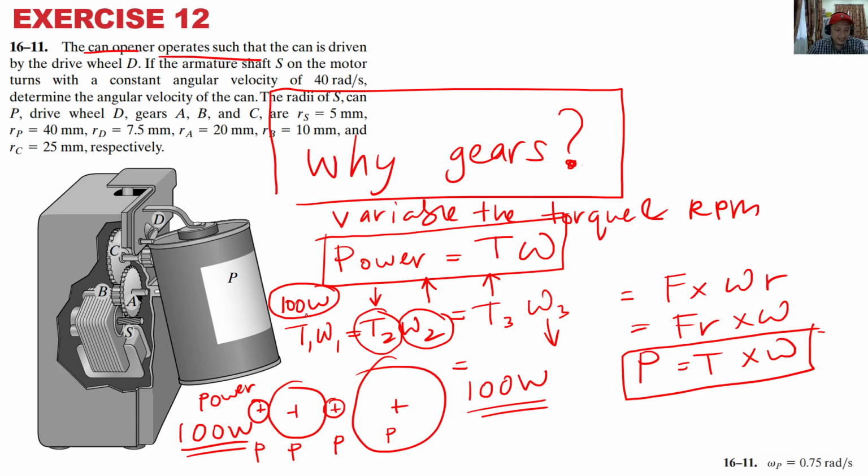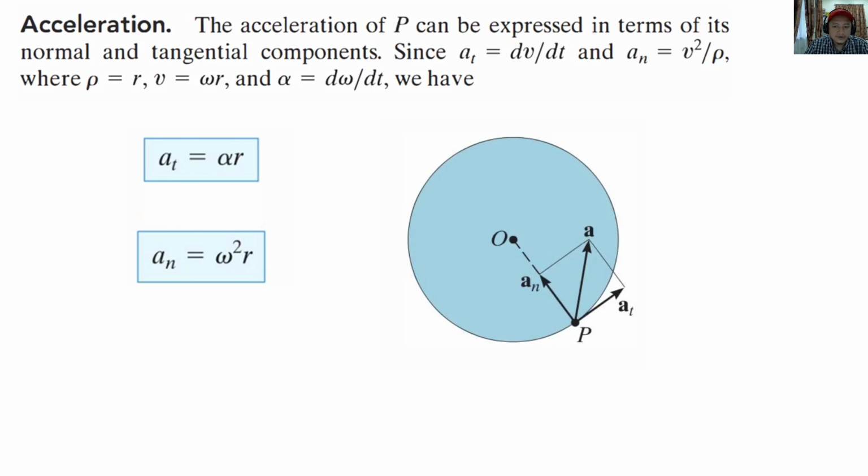So this is why they play around with a lot of gears, so you can generate a high amount of torque in certain applications by slowing the rotation of the gear. If you have a very fast rotation of the gear, you will have lower torque. This is why engineers use gears in their designs. Okay, so the rest you can try on your own.